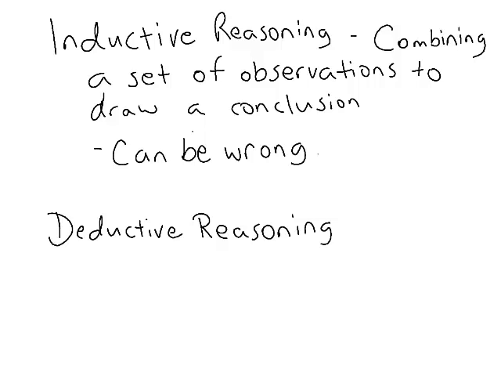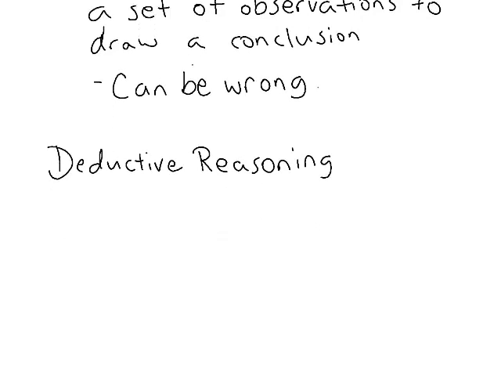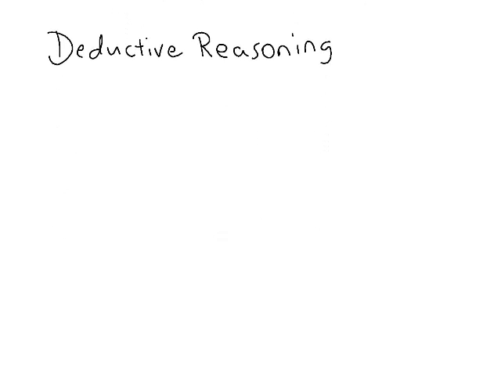But if we are going to test a hypothesis to see if it can be demonstrated to be false, then it becomes deductive reasoning. So we can still have looked at all this same information and come up with a hypothesis, but if we choose to test that hypothesis, then now we're using deductive reasoning.